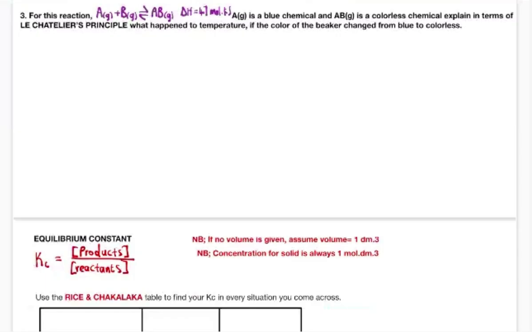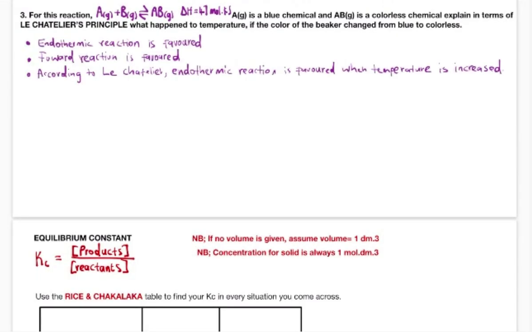Explain in terms of Le Chatelier's principle what happened to the temperature if the color of the beaker changed from blue to colorless. The blue chemical is our reactant. The colorless chemical is our product, which is AB. So we moved from reactant to product, which means we favored the forward reaction. Now we have to identify what happened to the temperature. Did we increase the temperature or did we decrease the temperature?